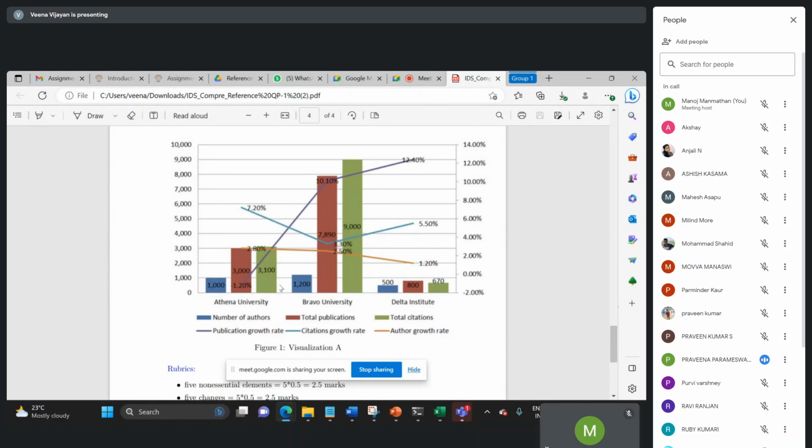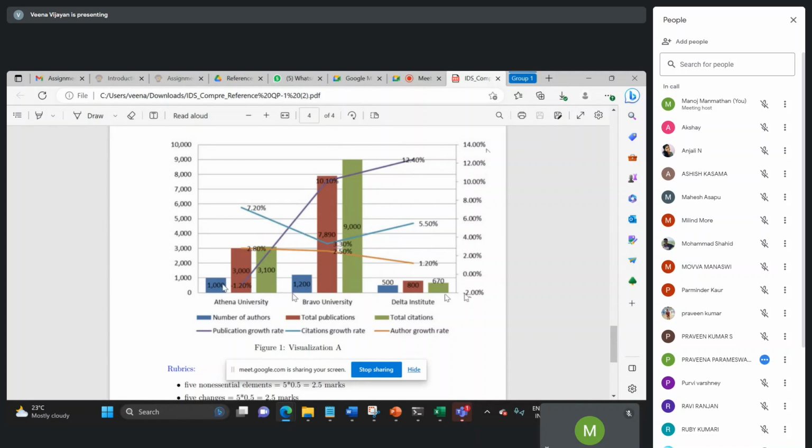And we can remove that minus 2% to 14% information because it's available in the line chart. It's not mandatory. That will come in the data label. Maybe this decimal is needed.